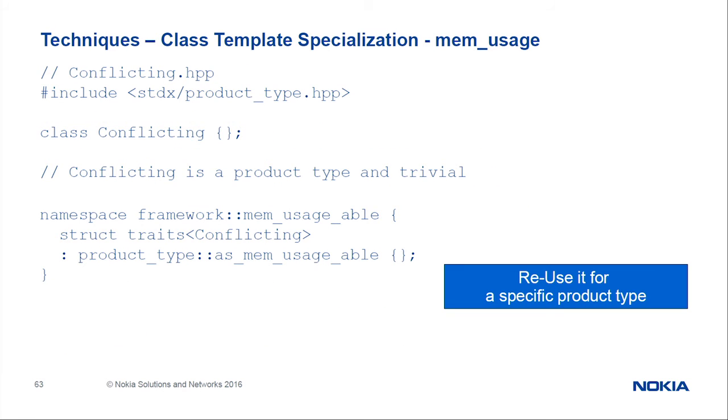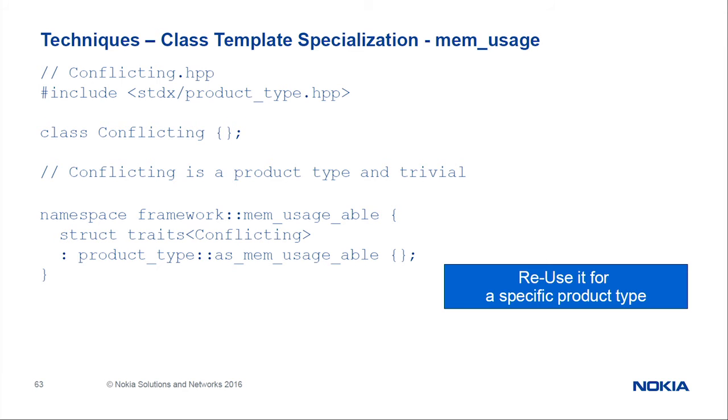And for a given class that is, for example, trivial and product type, we'll say, I want to be specific, and the customization for this class is just reuse this one. See this class as a product type.